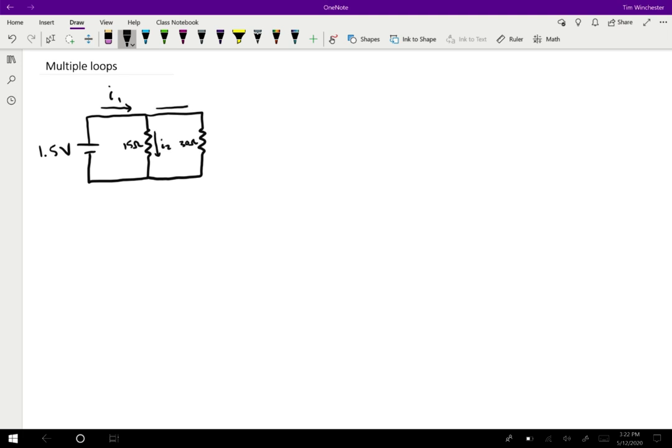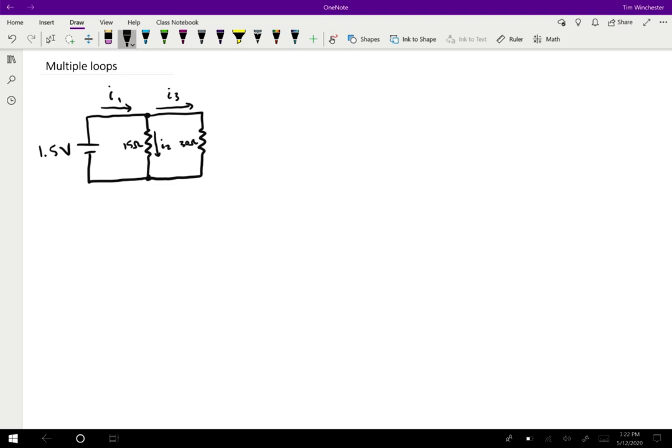And there's some current that goes this way, which I'll call I3. Okay, so I1 splits at this junction at the top and becomes I2 and I3. And then later, at the junction at the bottom, I2 and I3 are going to come together to make I1 moving back to the battery.